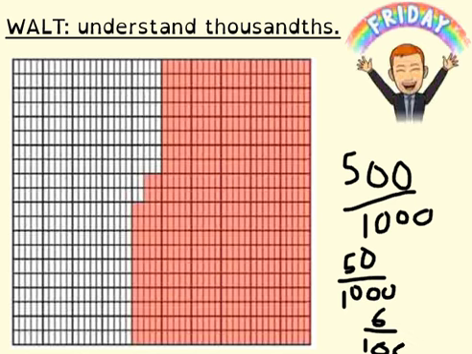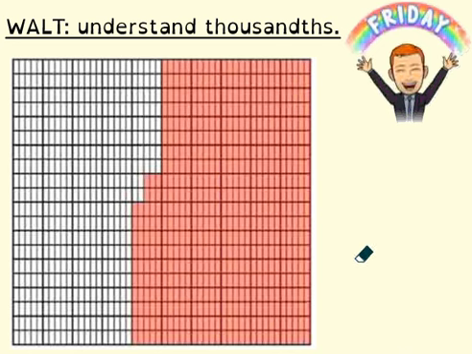So in total, I've got 556 thousandths shaded in. 556 over 1,000. That's how I'd write it as a fraction. To write the decimal, 0.